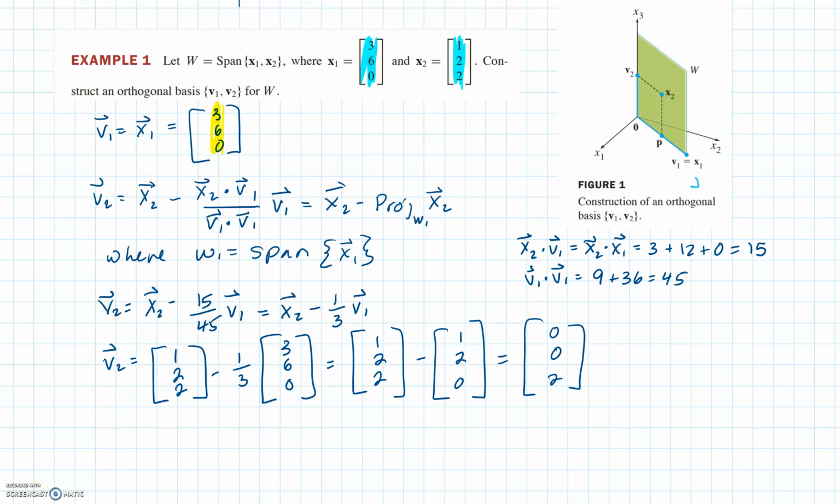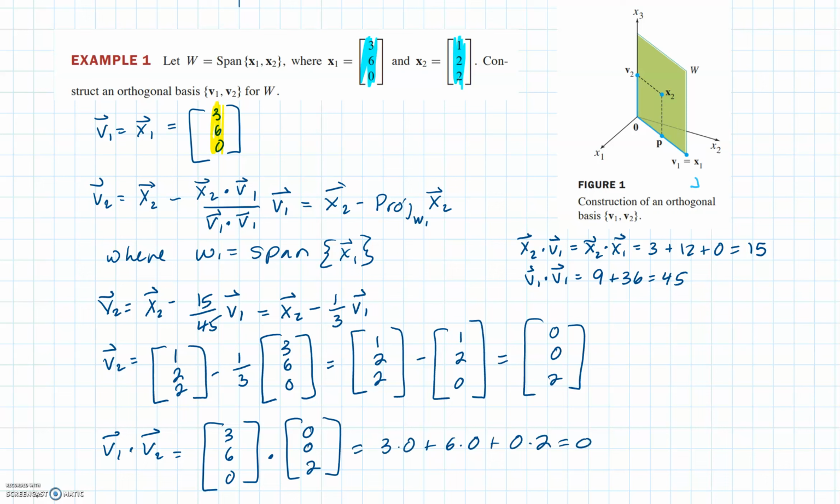So we just constructed an orthogonal basis. If we take V1 dotted with V2, (3, 6, 0) dotted with (0, 0, 2), which is 3 times 0 plus 6 times 0 plus 0 times 2, we indeed get 0. So we know that V1 and V2 are orthogonal with each other.